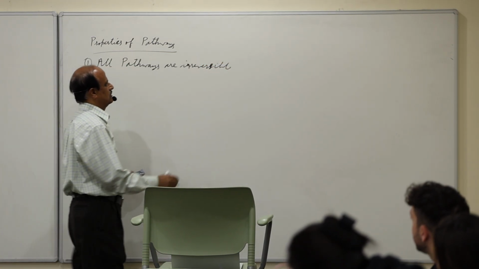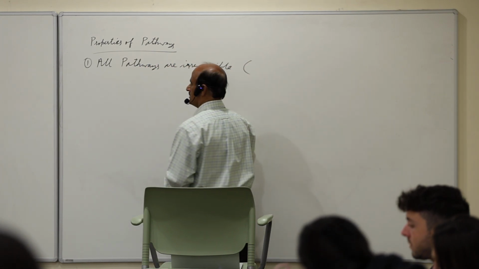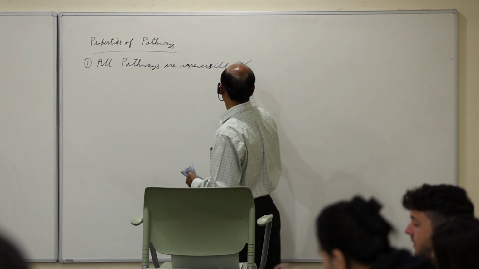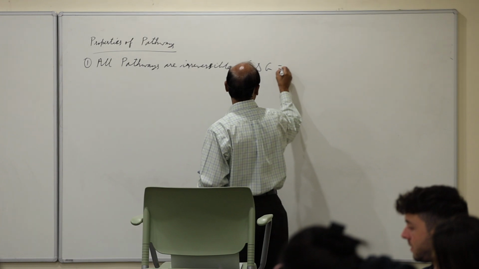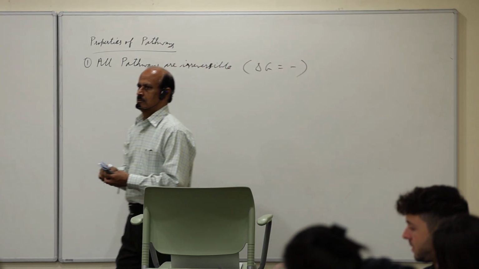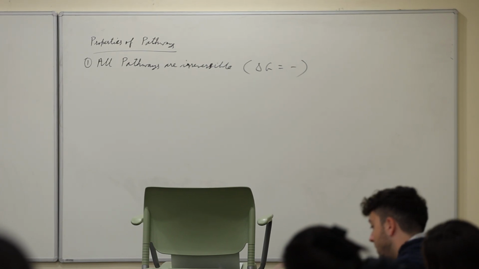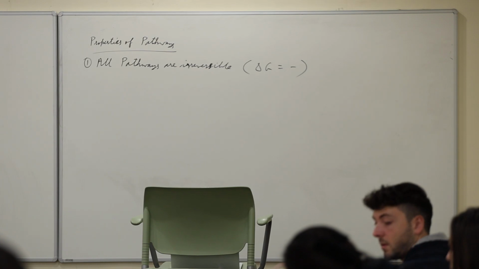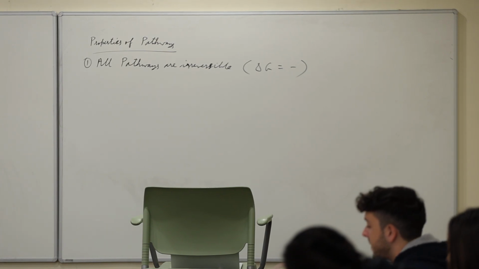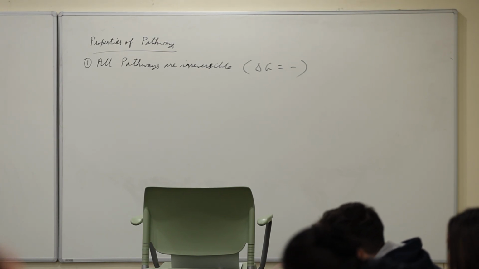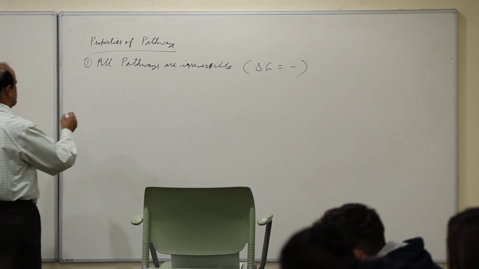Irreversible means, as you studied in general chemistry, that they have a delta G negative. If there are multiple steps in the pathway, you add all those delta G values of all the steps, and the end result must be a negative number. All pathways will have a negative delta G, which means all pathways go in the forward direction.